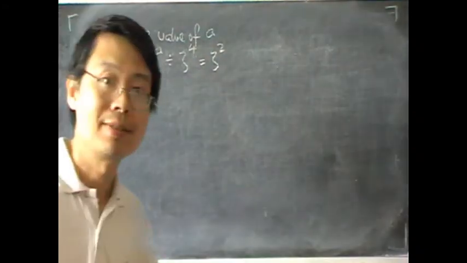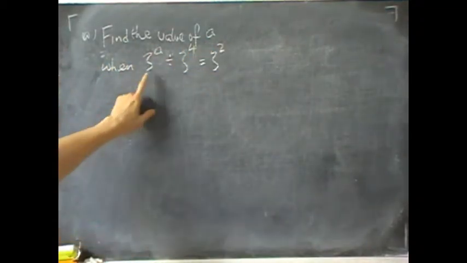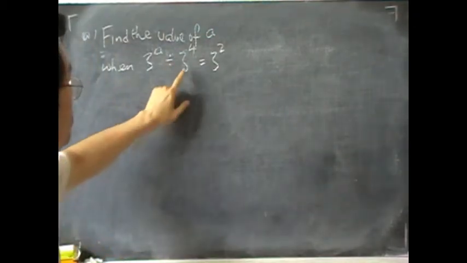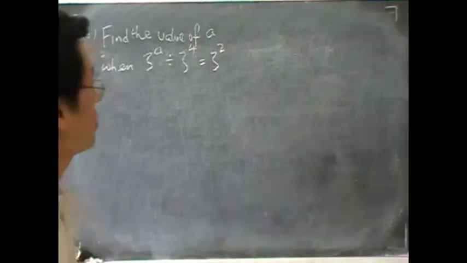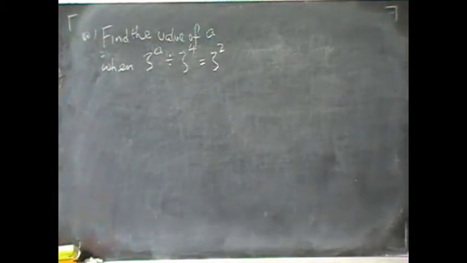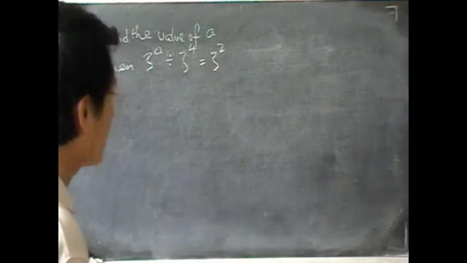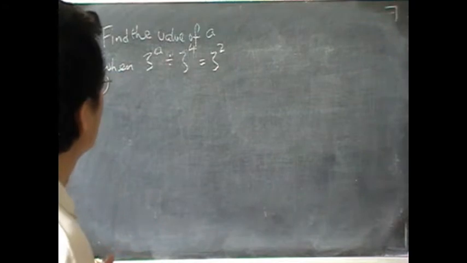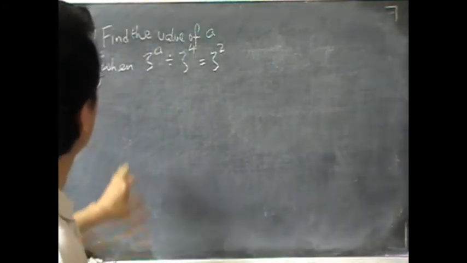Let's start with this example. Find the value of a when 3 to the power of a divided by 3 to the power of 4 is equal to 3 squared. Right, in this case, there are different ways to think about this.